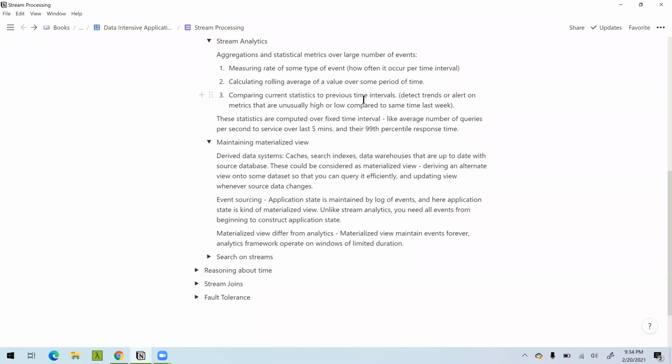Has the usage spiked or dropped compared to the last 1 week of data? Only that 1 week of data is sufficient. You don't need to keep the entire history of events. So this is a major difference between stream analytics and maintaining a materialized view.